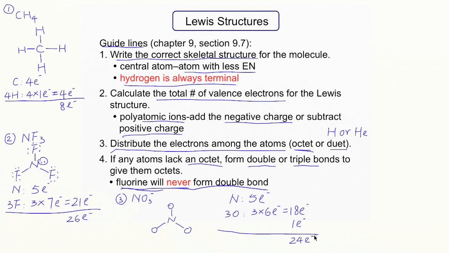All right, 24 electrons. Now let's distribute the total 24 electrons in this ion. Again, make sure oxygen is happy first, because right now each oxygen has only 2 electrons, so you need to add 6 electrons around each oxygen so it satisfies the octet rule.